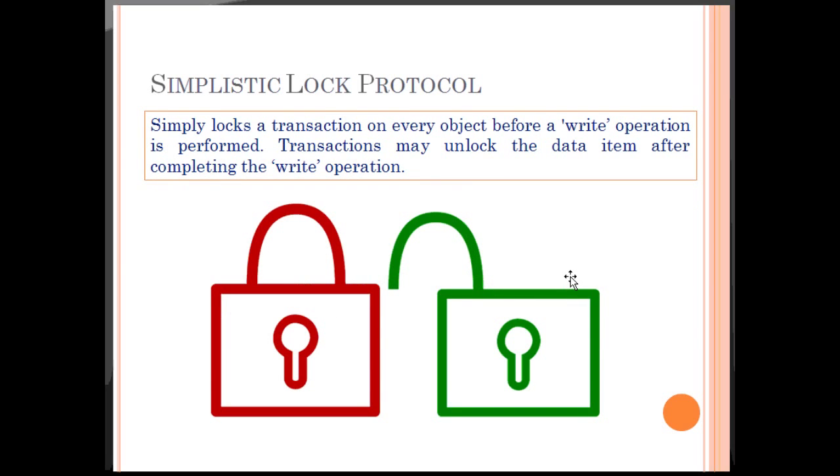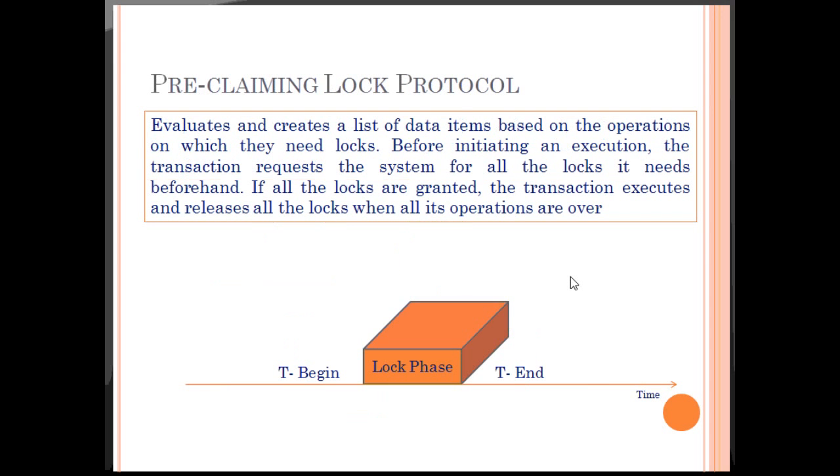Next is the simplistic lock protocol. A simplistic lock-based protocol allows a transaction to obtain a lock on every object before a write operation is performed. The transaction may unlock the data item after completing the write operation. Next is the pre-claiming lock protocol. A pre-claiming lock protocol evaluates the operations and creates a list of data items on which it needs locks.